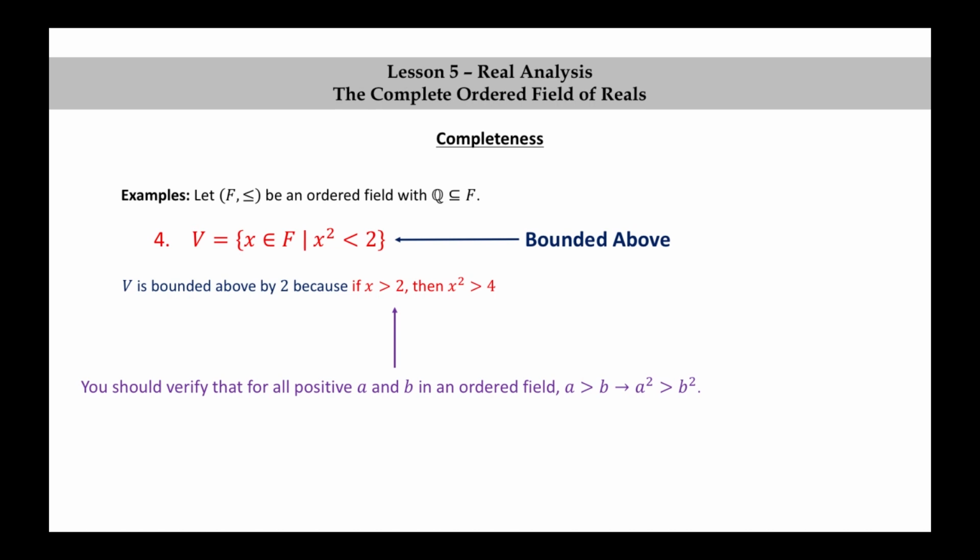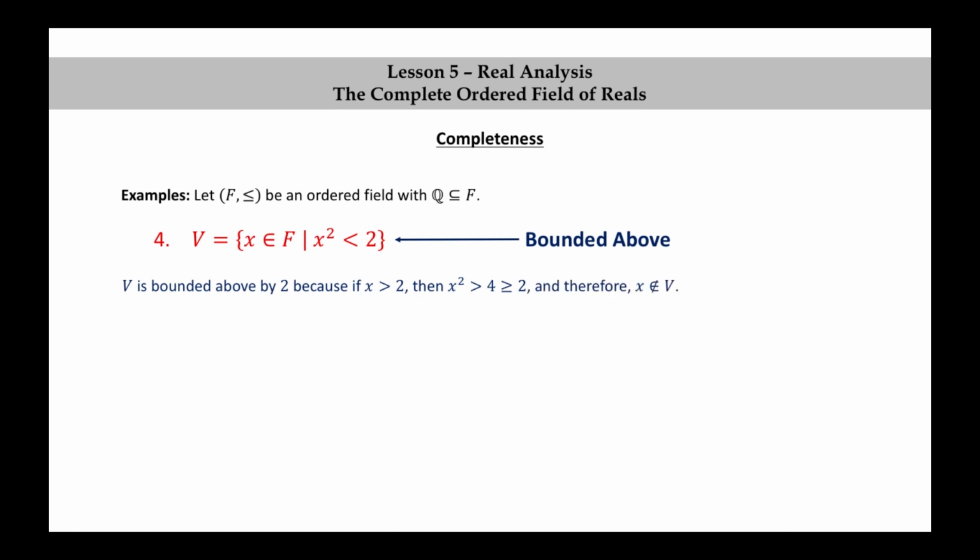Now, since we haven't proved it, you should verify carefully that whenever a and b are positive numbers in an ordered field, if a > b, then a² > b². And that's what we used here to say that if x > 2, then x² > 4. Now, 4 is greater than or equal to 2. So therefore, if x > 2, we have that x² ≥ 2, and therefore x is not in the set V.